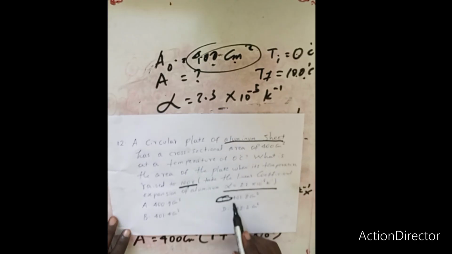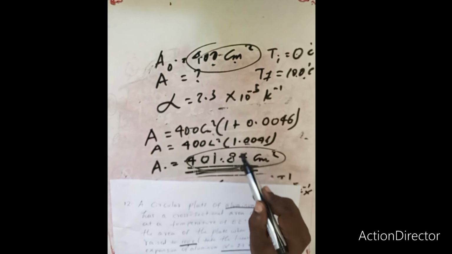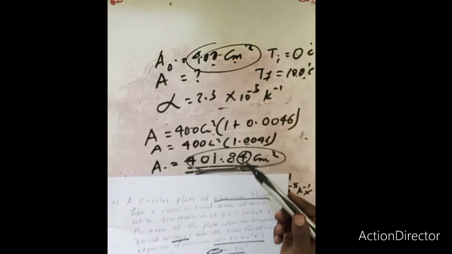Yes, this is the answer, 401.84. So this is the correct answer, 401.8. So this is option 4, not 6, 7, 8, above 5. So this is the answer.